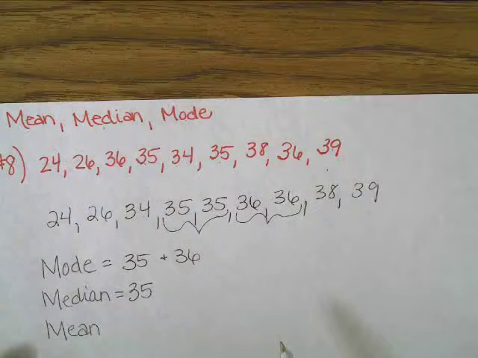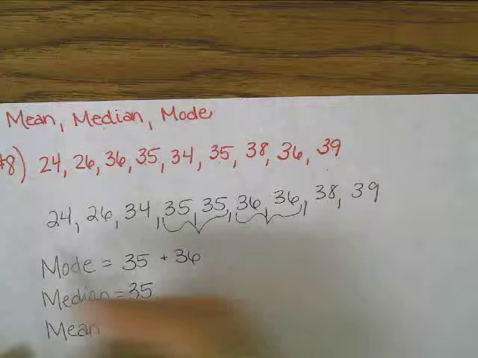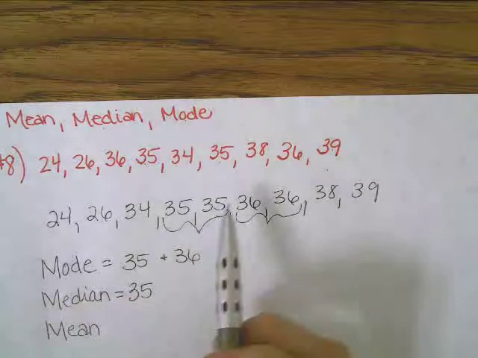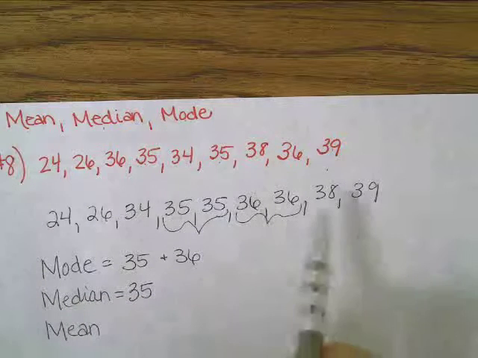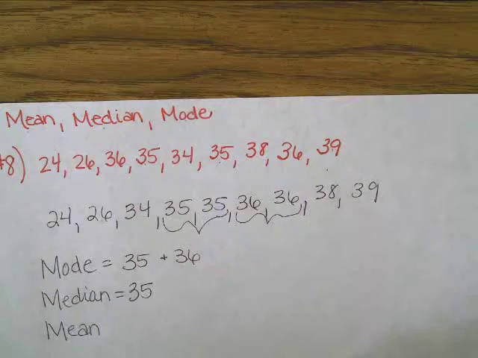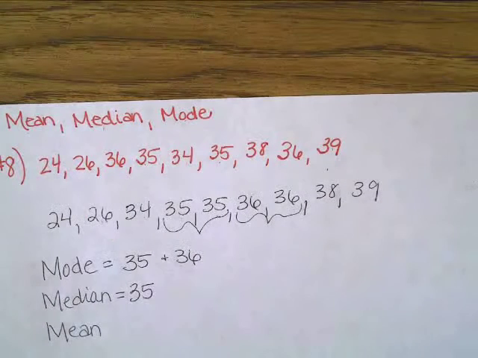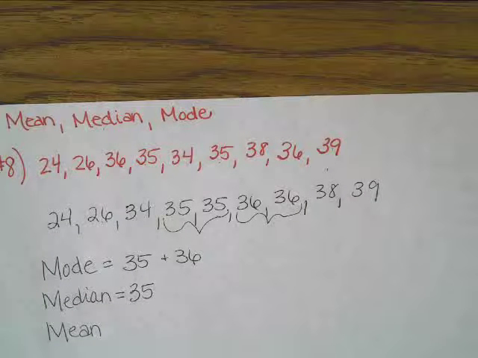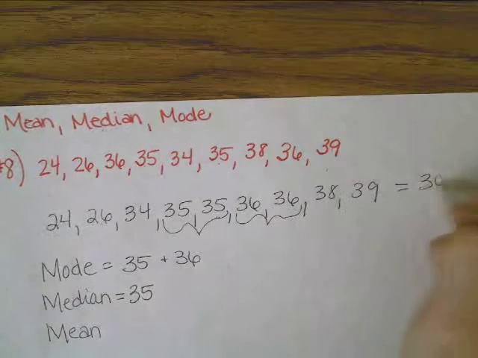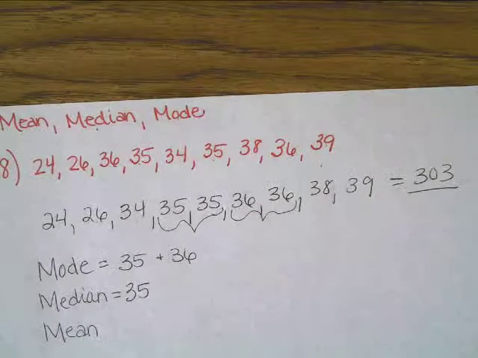Now I need my mean. For my mean, I add them all up: 24, 26, 34, 35, 35, 36, 36, 38, and 39, which gives me 303. How many numbers did I say I had?